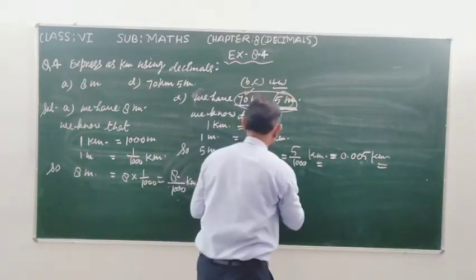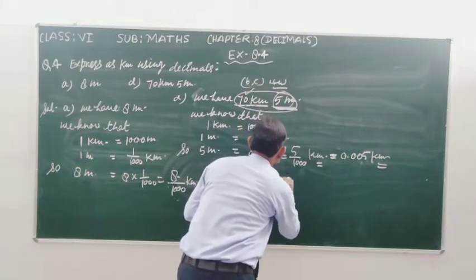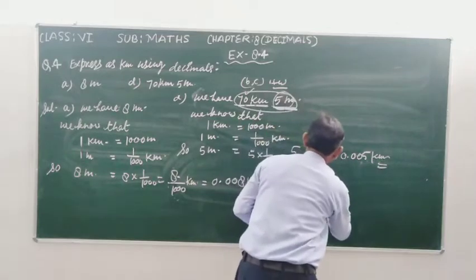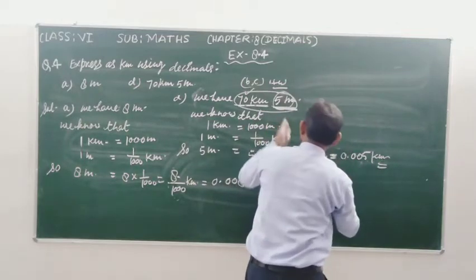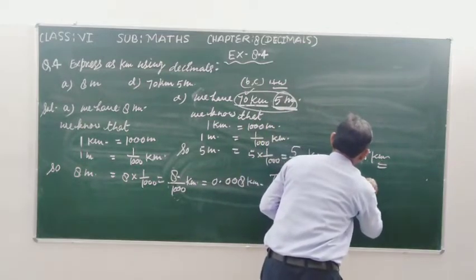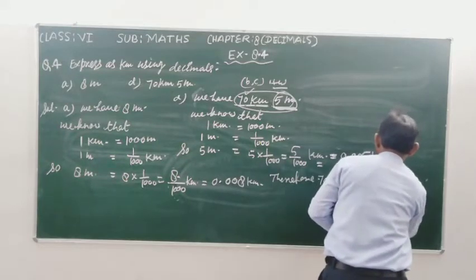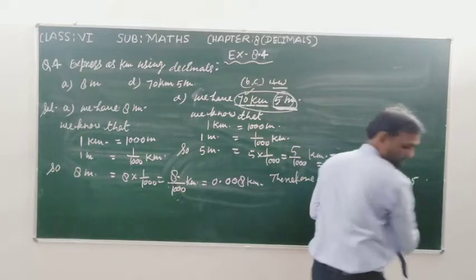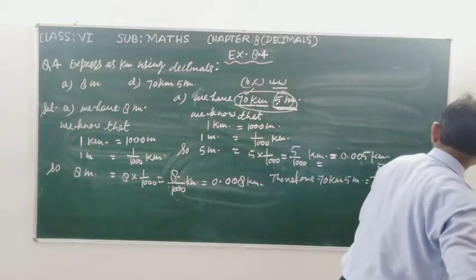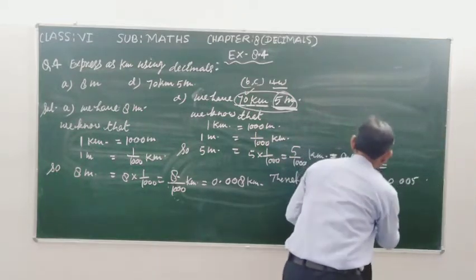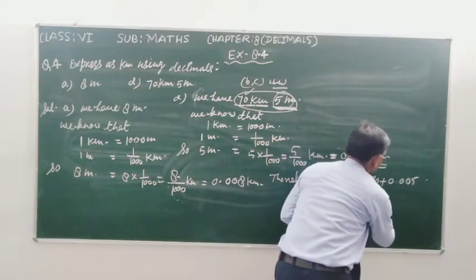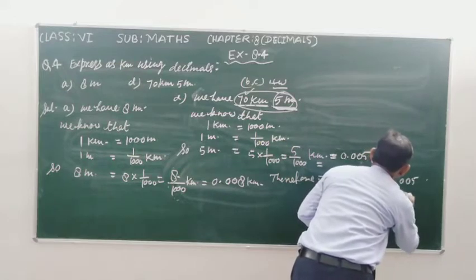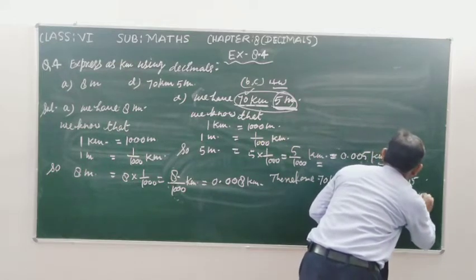So student, therefore 70 kilometer and 5 meter is equal to 70 plus 0.005. So student, when you add both values, you get 70.005 kilometer.